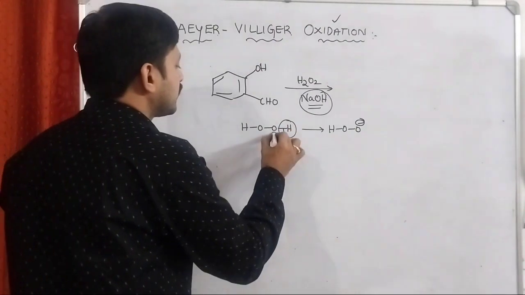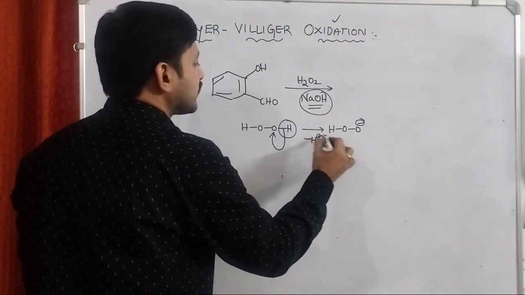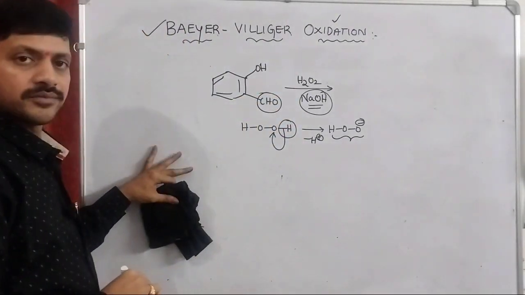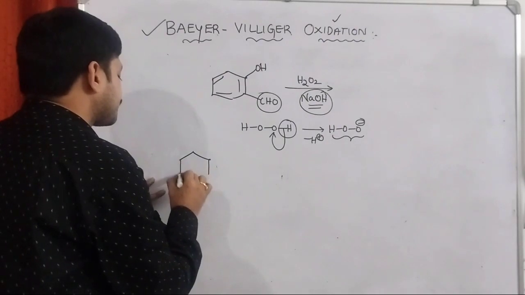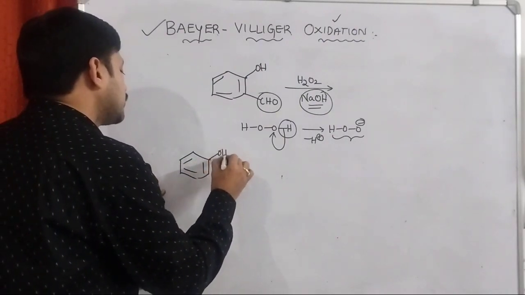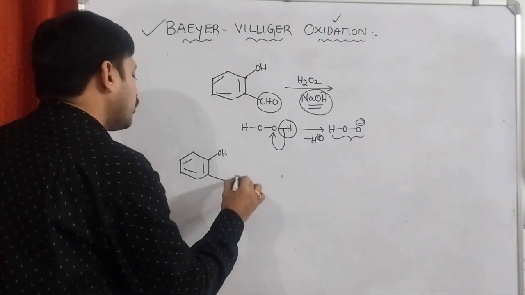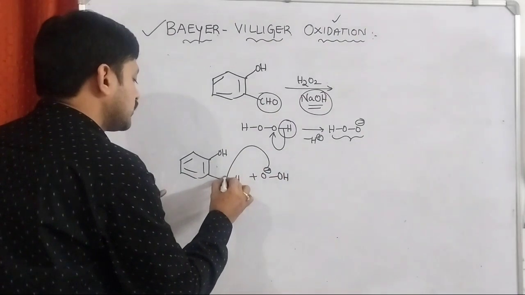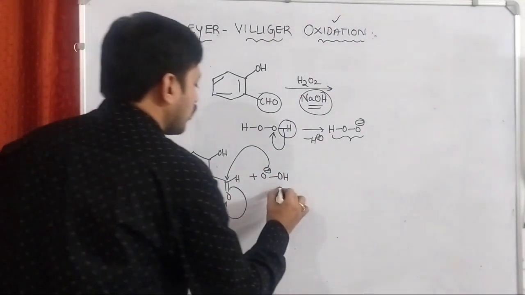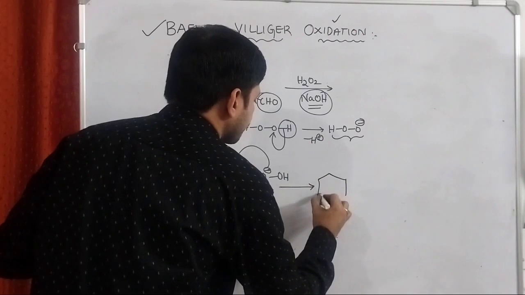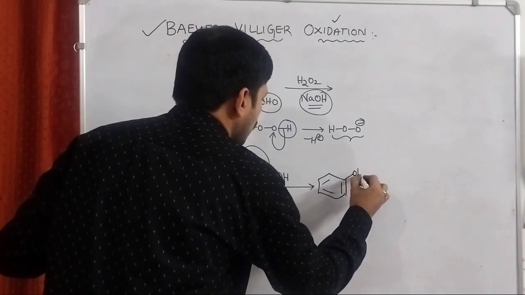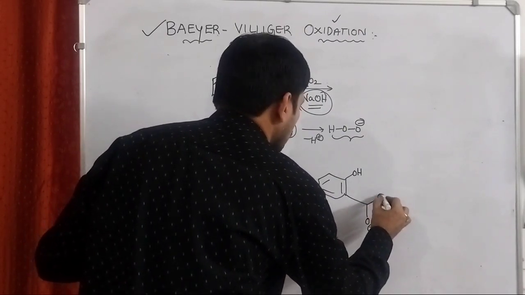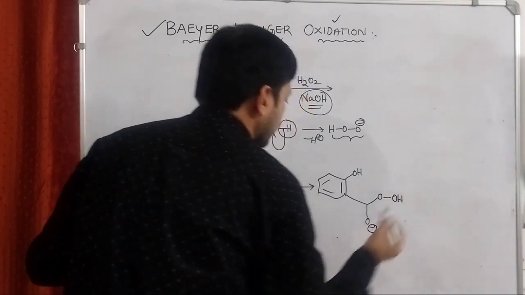The removal of H plus takes place. This anion is going to attack the carbonyl carbon. Let's see. OH, C double bond O treated with OOH minus. So it is attacking, and it can form a single bond to O minus, oxygen and OH.